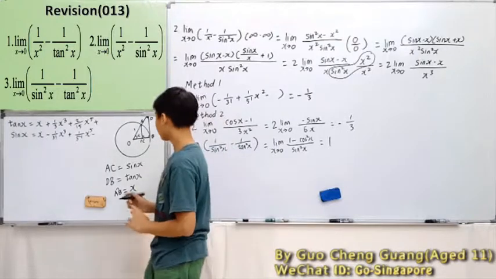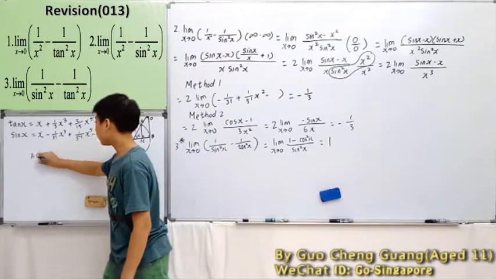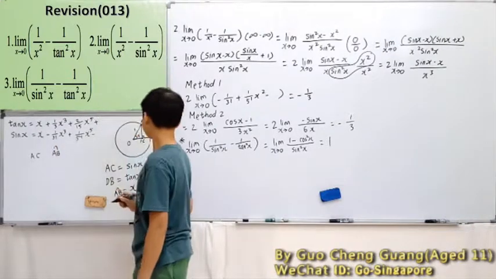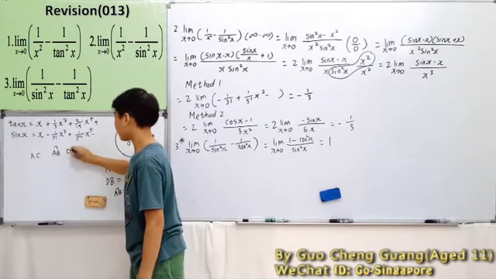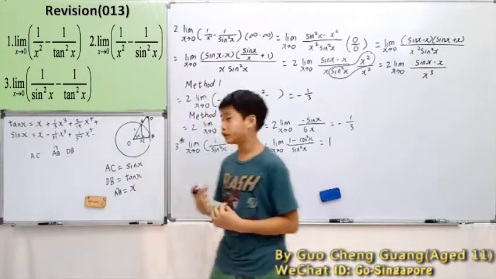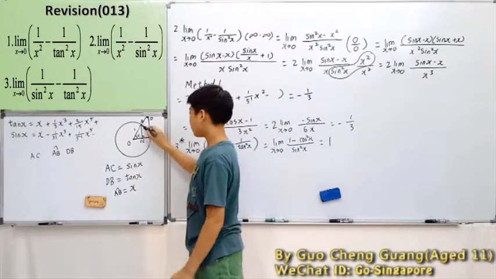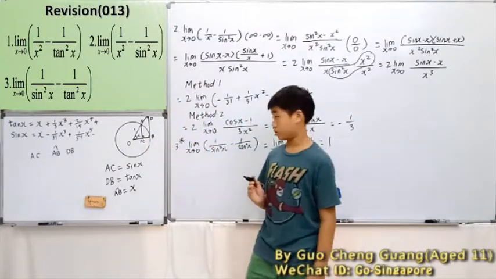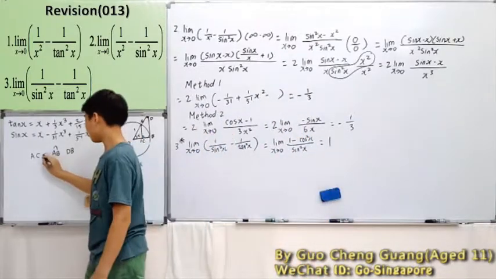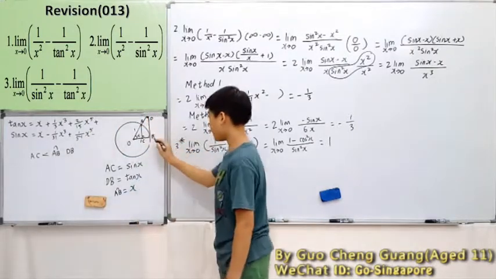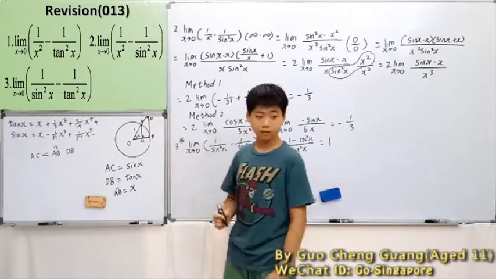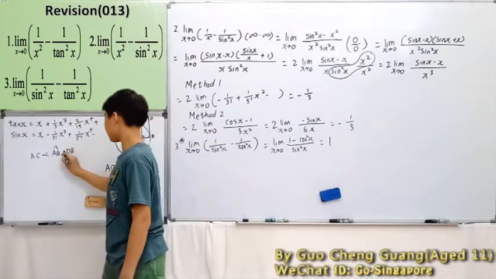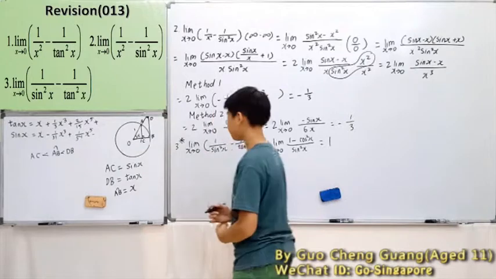Let's take a look. AC. Can we look at their relationships? Now, which one is bigger? Which one is smaller? AC. Is it bigger than AD? Well, of course, no. Then how about AB and DB? Well, actually, AB, it is smaller.